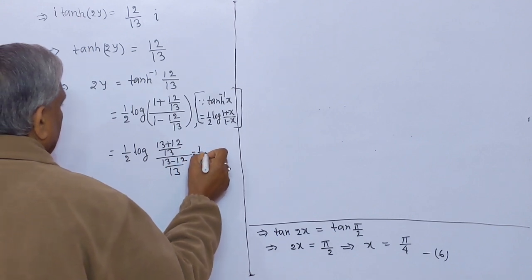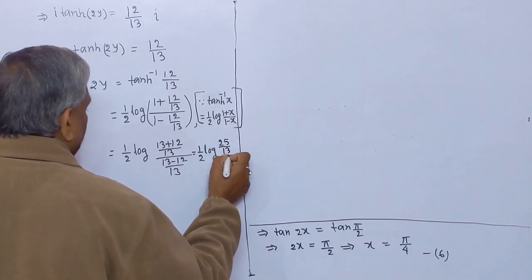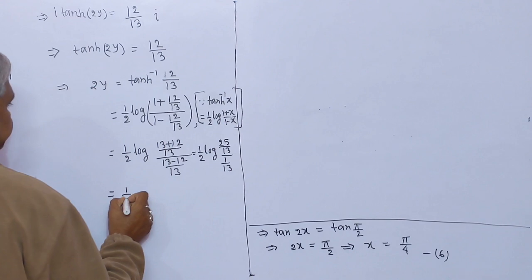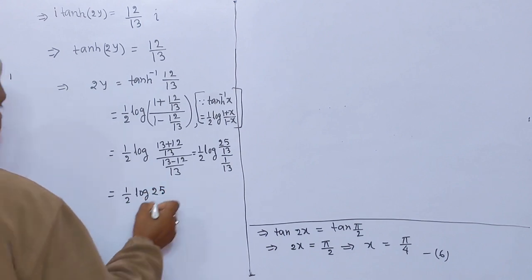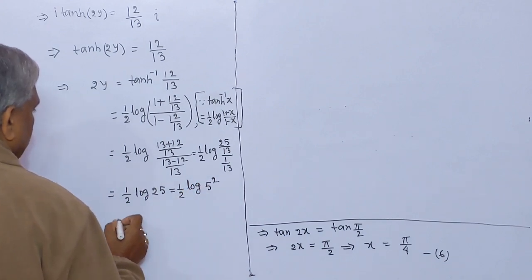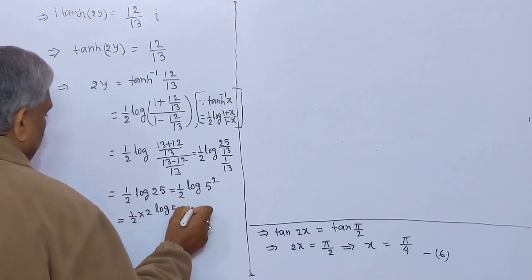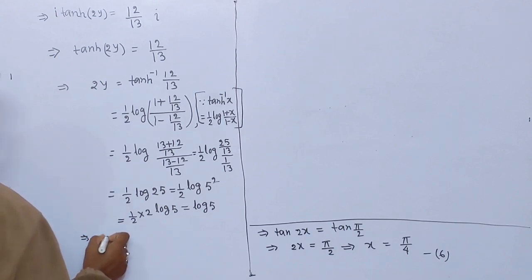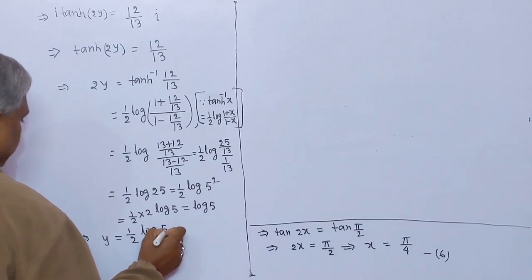This is equal to half log 25 by 13 by 1 by 13, and this will be equal to half log, 13 cancel, 25, and this will be equal to half log 5 square, and will be equal to half into 2 log 5 equal to log 5, implies that y equal to 1 by 2 log 5. This is number 8.